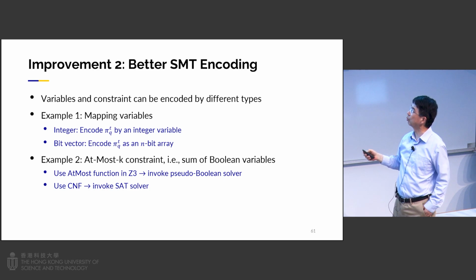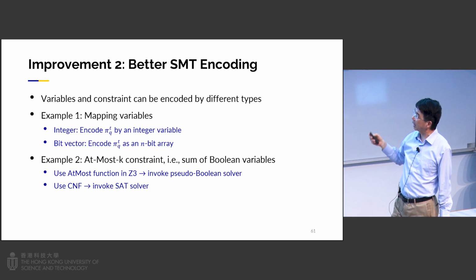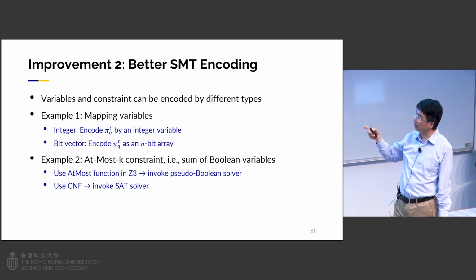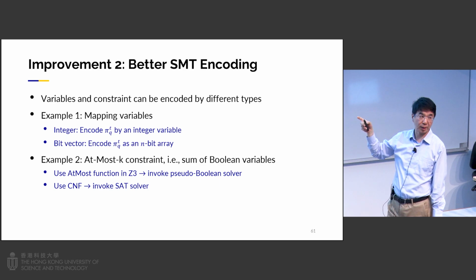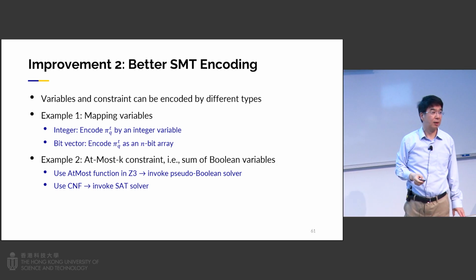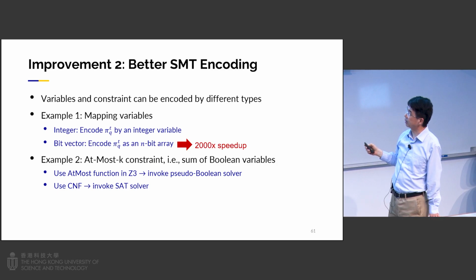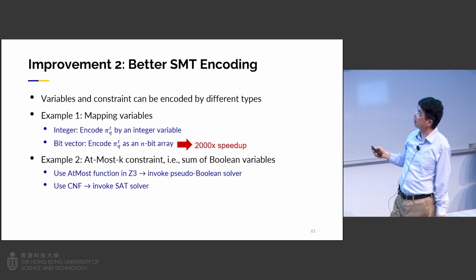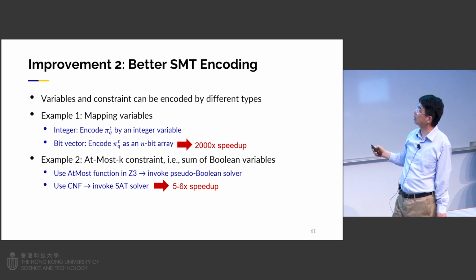You could use a pseudo-Boolean solver, however that's actually less efficient. If you know it, then we can use the CNF directly. CNF gets converted into SAT solvers. SAT solvers are faster than pseudo-Boolean solvers. So that gets us another speedup.